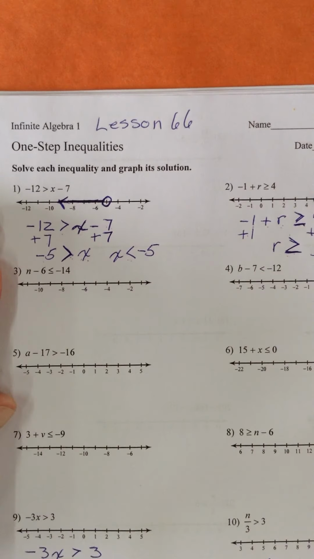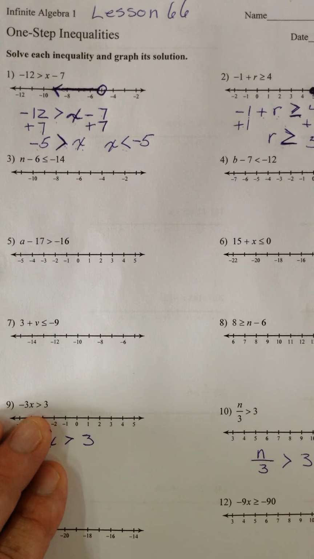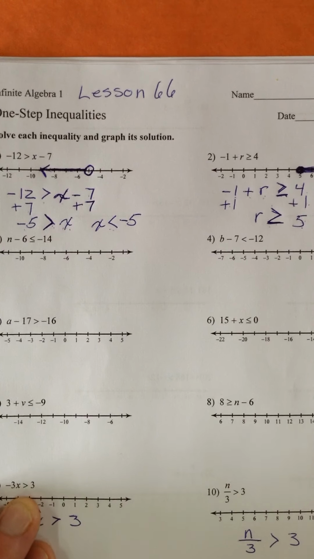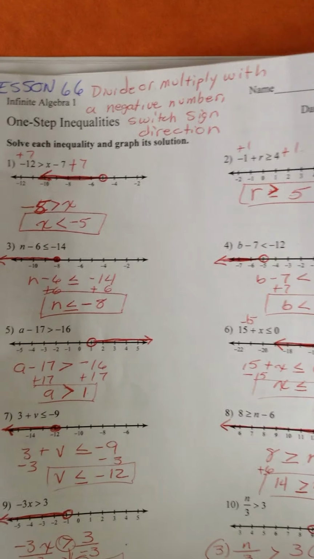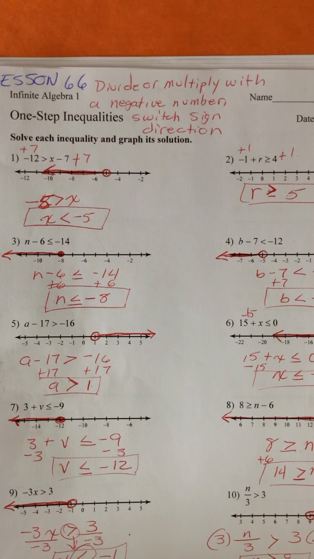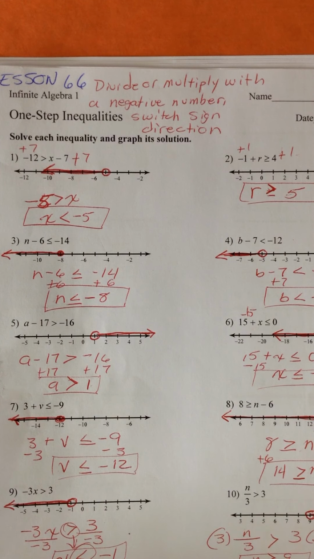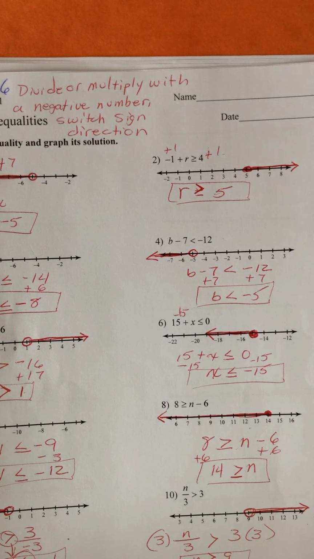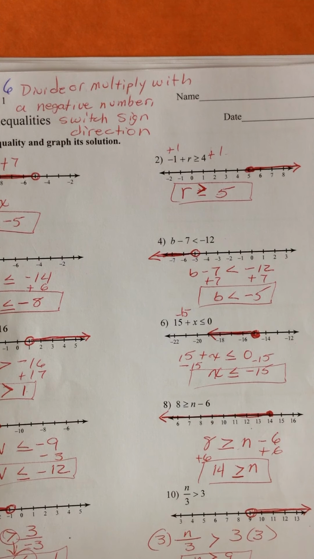All right? And the rest of these, 1 through 8, are the same thing. So what I'm going to do is I'm going to put the answers that I worked out up here, and that way you can pause the video as you do the problems, and you can check and compare it to my answers. And remember, there's probably more than one way to do these, but this is how I did them.